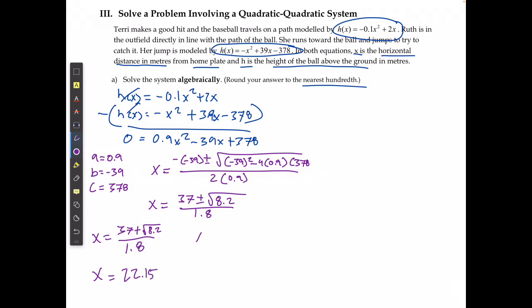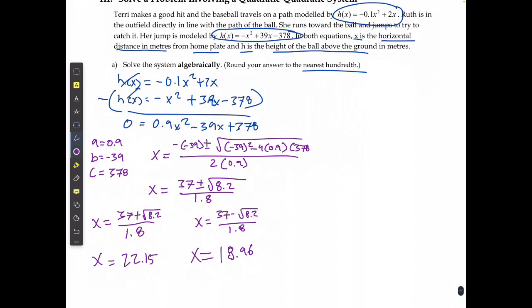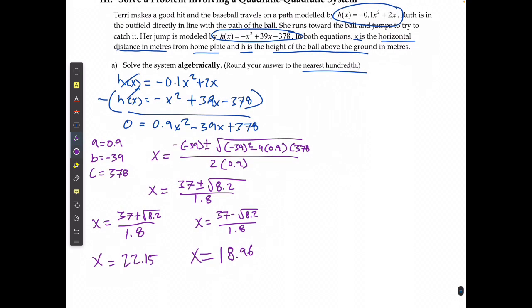The second possibility, x is equal to 37 minus the square root of 8.2 over 1.8, which is going to give me approximately 18.96. Both these answers so far make sense given my problems. It could be 18.96 meters from home plate. It could be 22.15 meters from home plate. So there's nothing here that so far looks like it wouldn't work.